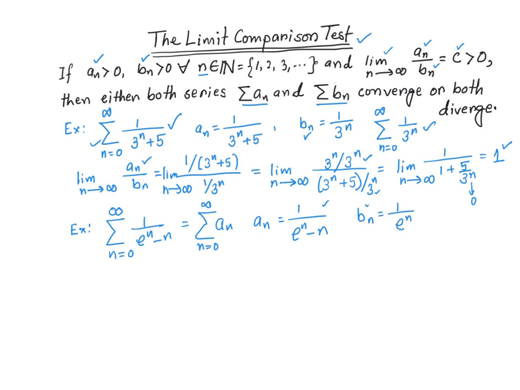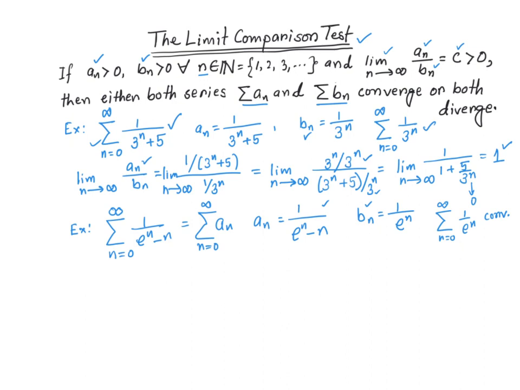So this is something you have to make an assumption about, right? b_n is equal to 1 over e to the power n, and the summation of b_n, n equals 0 to infinity, of 1 over e to the power n, of course it converges, right? We know that because the absolute value of 1 over e is less than 1.